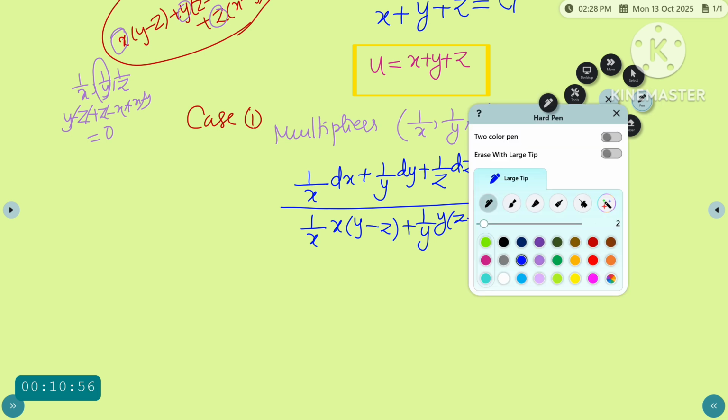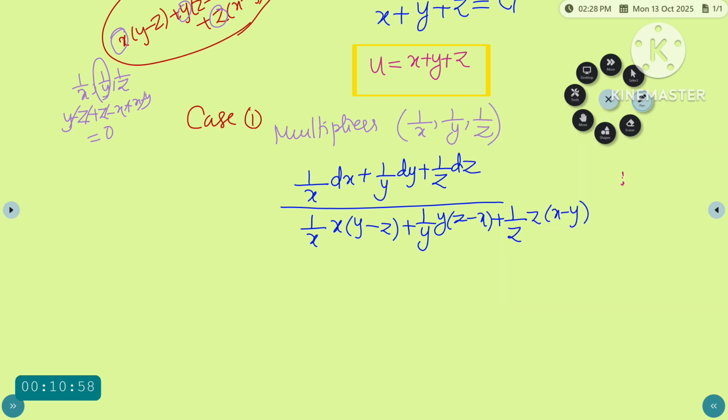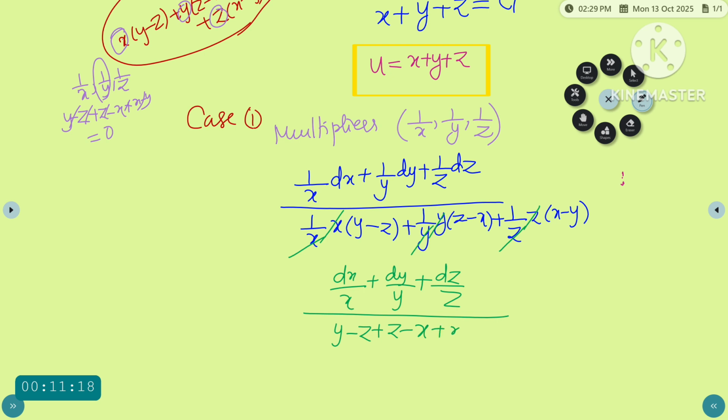Now, how can we simplify this denominator? x gets cancelled, y gets cancelled, z gets cancelled. Then what about the remaining terms? dx by x plus dy by y plus dz by z. Then what about the denominator? y minus z plus z minus x plus x minus y.